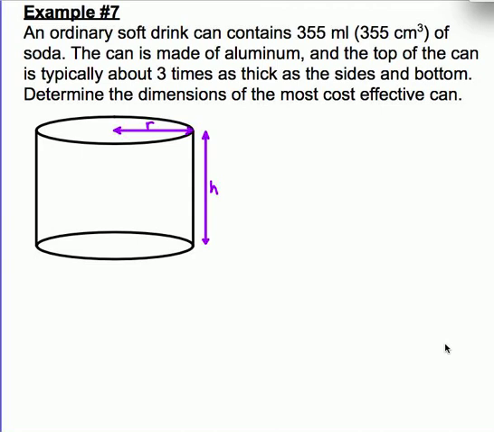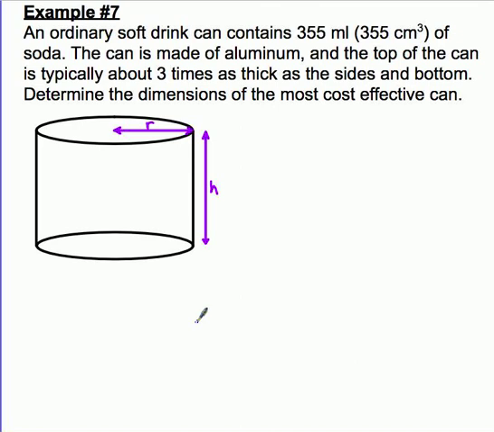And we talked in class about how that would make the most sense from a cost point of view, but that we don't see very many cans, especially not soft drink cans, that have that actual shape. So we're going to look at it now because we also talked about the fact that a real soda can is quite a lot thicker at the top. And so we're going to redo this problem on the assumption that the can is 3 times as thick at the top as it is everywhere else.